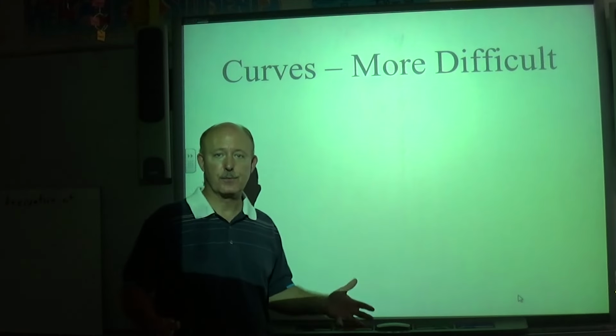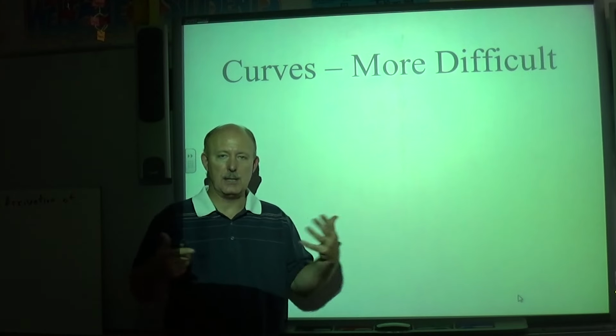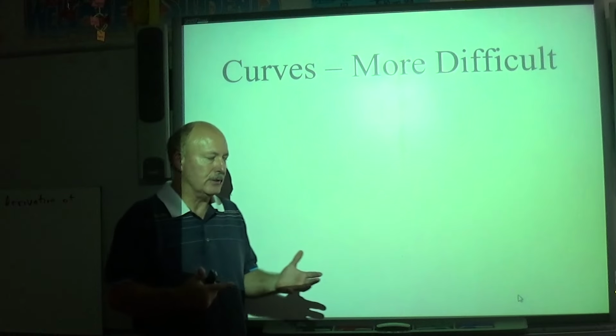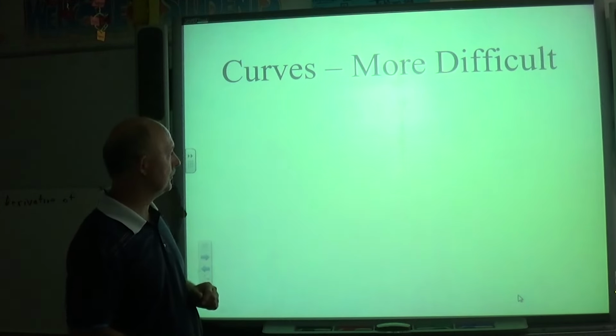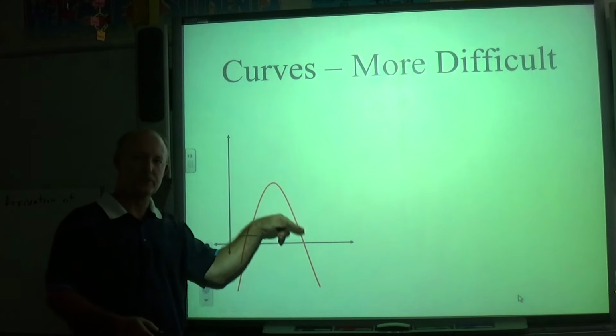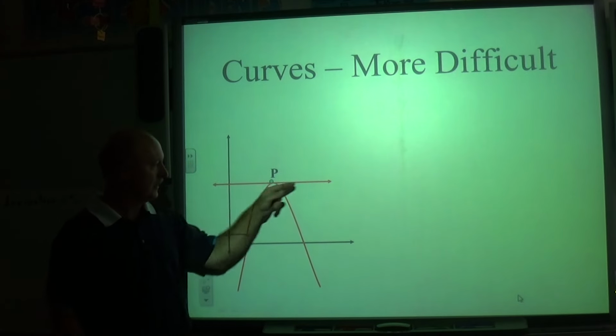But other types of curves are much more difficult, particularly complicated curves. They're very difficult to get the slopes of tangent lines without using calculus. So, for example, a little parabola is not too bad. We can get the slope of the tangent line right here. That has to be a horizontal line.